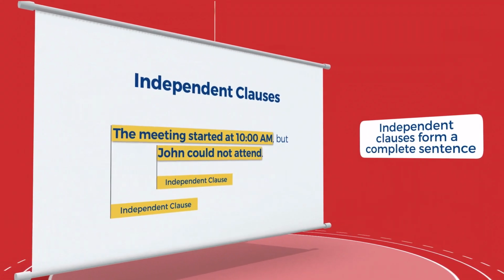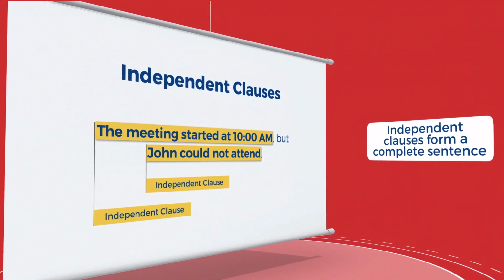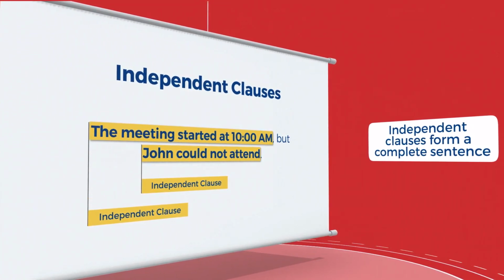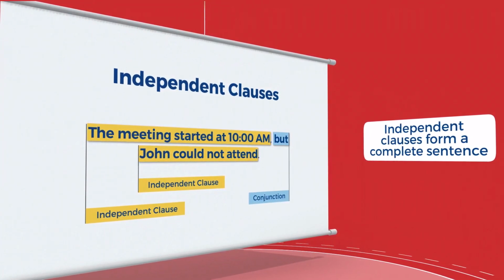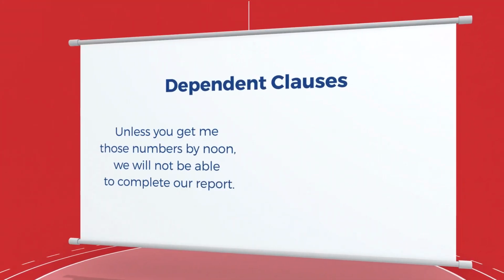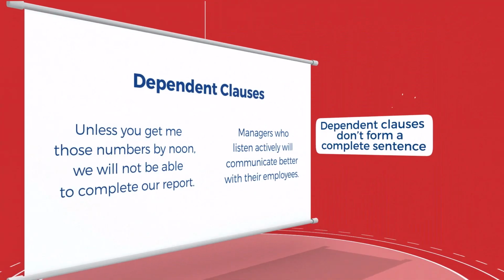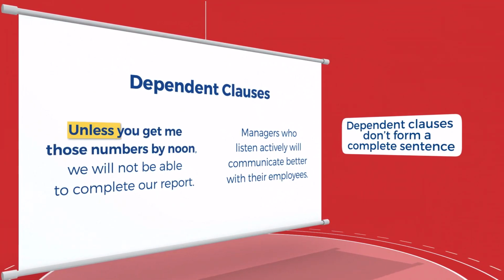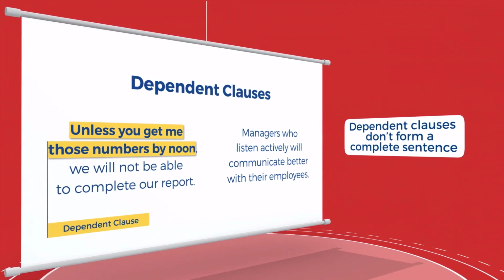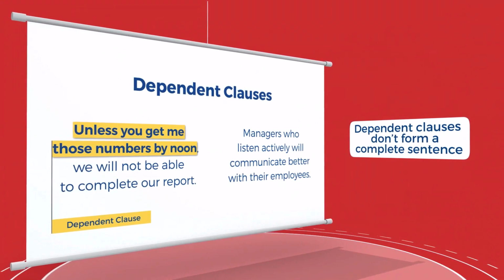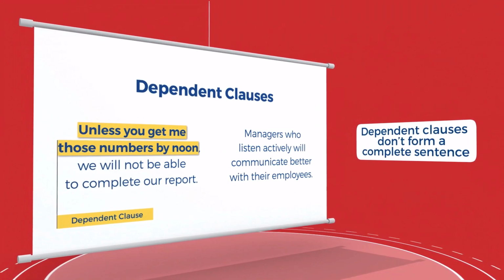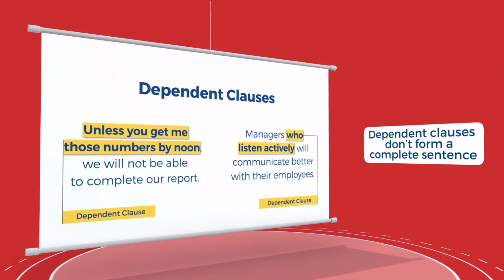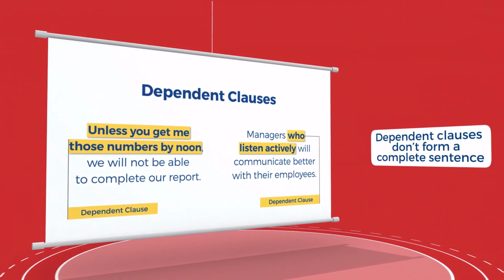It can also be joined to another independent clause using a coordinating conjunction, such as and or but. A dependent or subordinate clause doesn't form a complete sentence, but depends on a main clause. Subordinating conjunctions like because, although, and after, or relative pronouns such as who, which, or that, usually introduce dependent clauses.